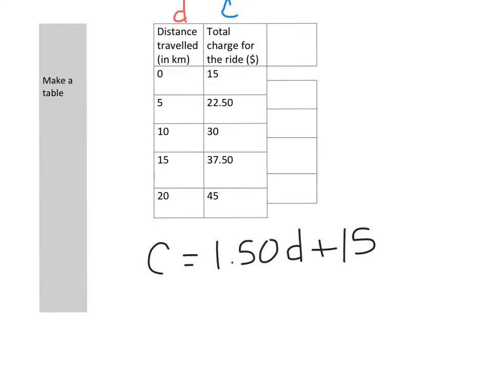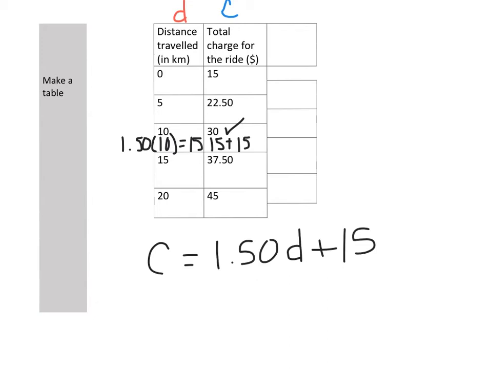If, for example, I wanted to find the cost of a 10-kilometer taxi ride, I would take 10 and multiply it by $1.50, which gives me $15. And then I would add on the initial value of 15 to get 30. So you could do this to fill in your chart for as many values as you wanted.